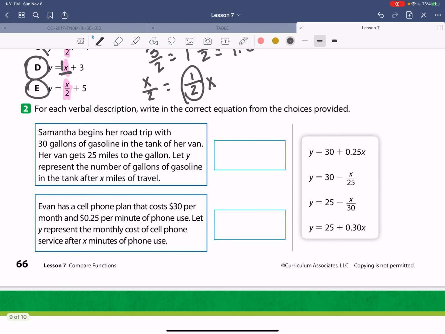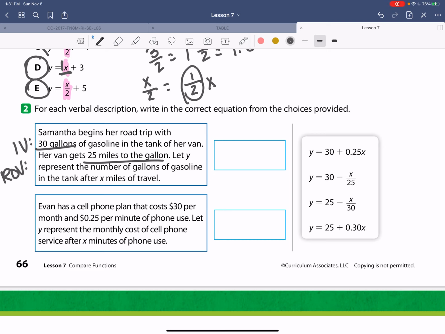For each variable description, write the correct equation from the choices provided. Samantha begins her road trip with 30 gallons of gasoline in the tank of her van. So her initial value is 30. Her van gets 25 miles to the gallon. That should be her rate of change. 25 miles to the gallon.